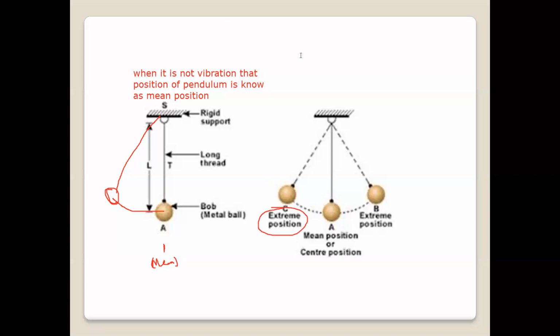So if we want the pendulum to vibrate, we will release the pendulum from its extreme position. Extreme means the final.